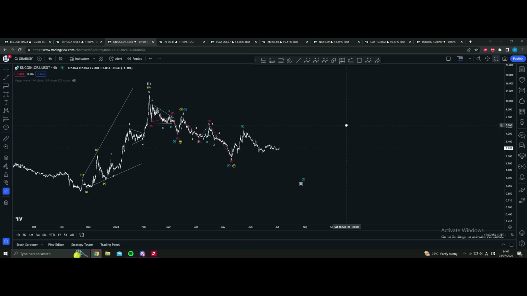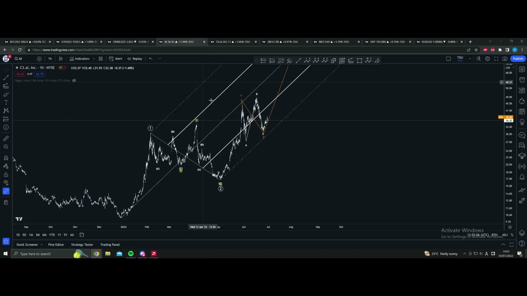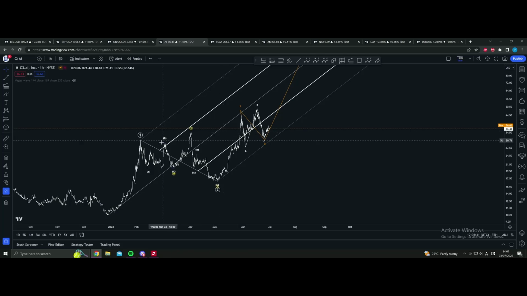So as I said, once upon a time, perhaps we're gonna have accumulation during the summer, and then off we go. Okay, that's for crypto. And then AI. AI kind of reached the zigzag area, if you consider this wave to be A, and then this sideways combo to be B and C here.